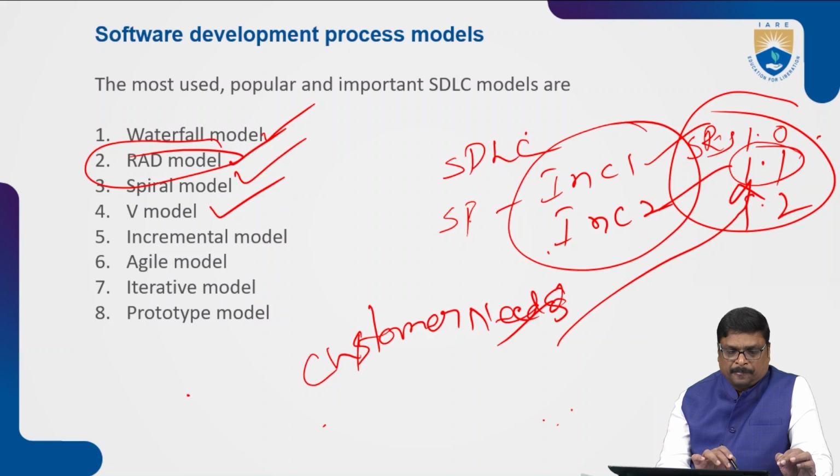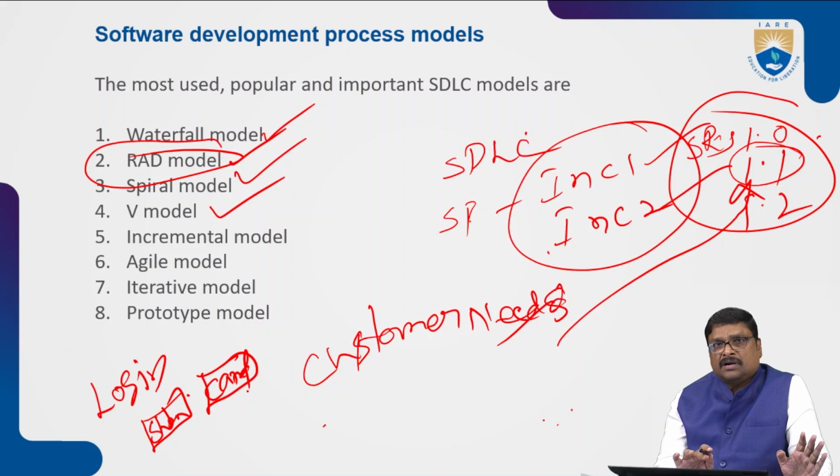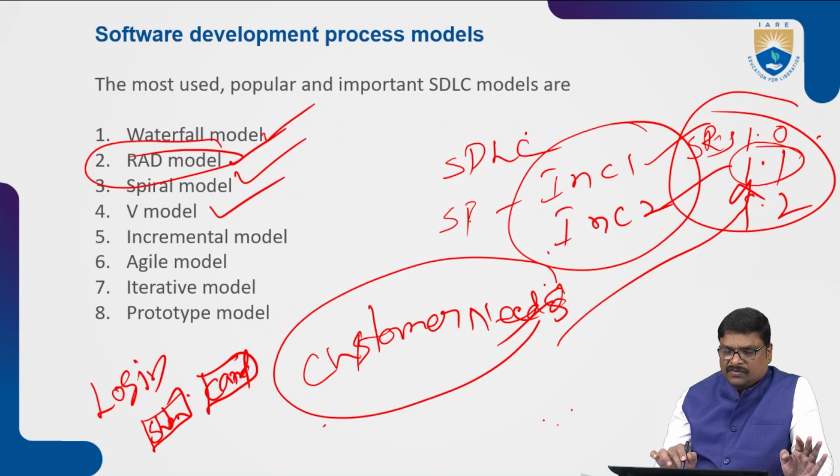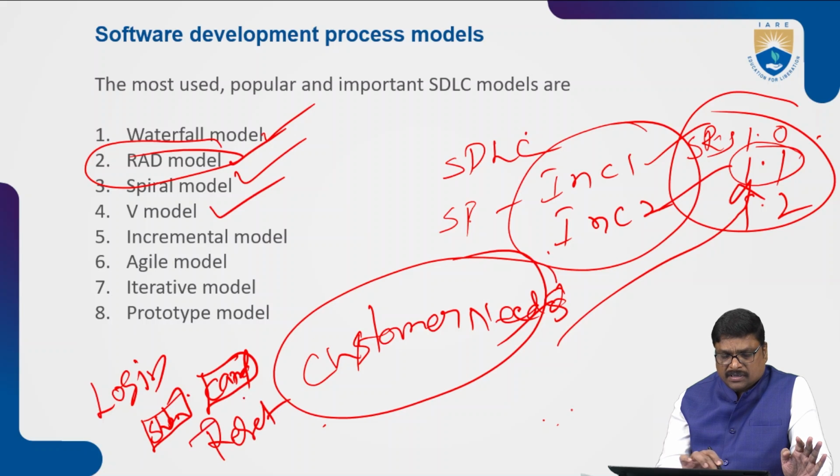For example, if you take the login module, initially the customer wants only two features: submit and cancel. This is the initial requirement from the customer. But when the product is released to the customer environment, the customer wants a reset functionality.